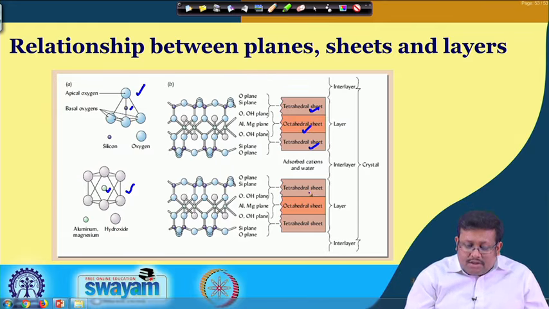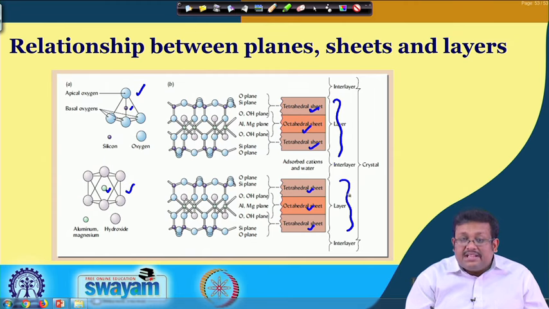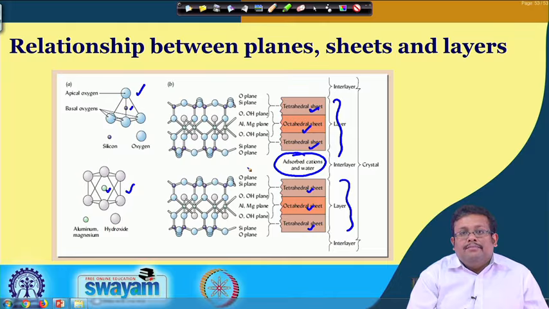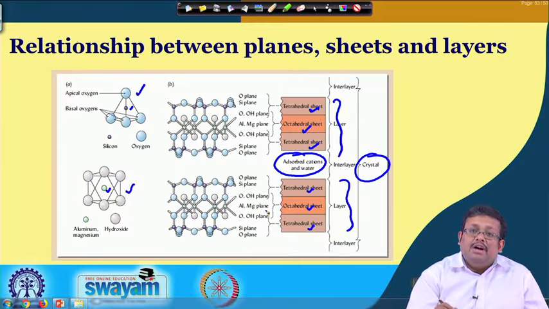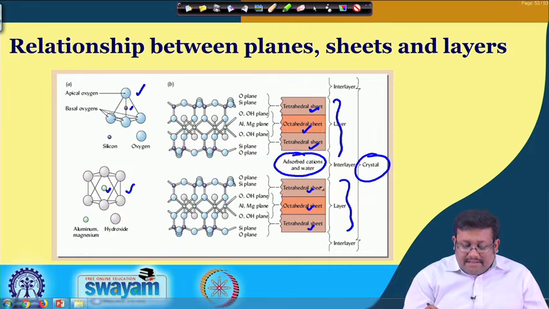So there is another repeating layer, and this is a layer and this is a layer, and between these two layers is called the interlayer space, where different types of cations and water are absorbed. The total of these interlayer spaces as well as these layer structures is called the crystal. So, a soil crystal is made of both these layers as well as these interlayer spaces.